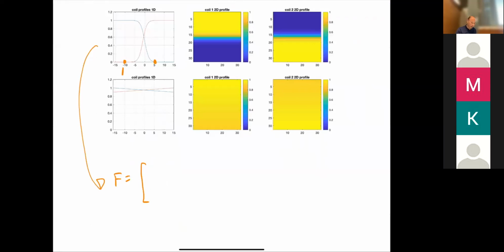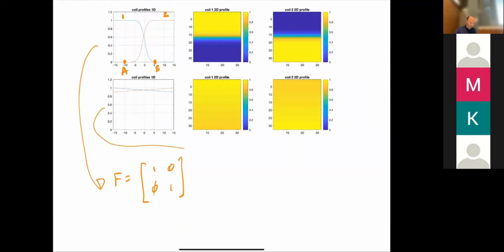This is point A, this is point B. So remember the rule of thumb: I take coil 1 and coil 2, and I take their values at A and B. Let's say coil 1 is 1 and 0, and coil 2 is 0 and 1. So those are pretty orthogonal, right? Just looking at that, that's going to give me very good reconstruction, right?